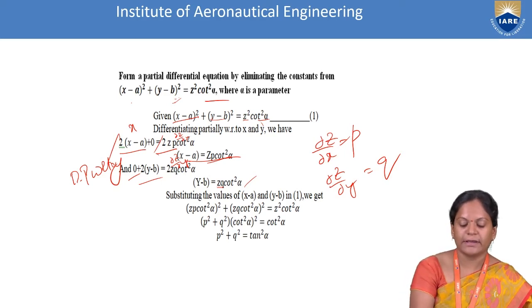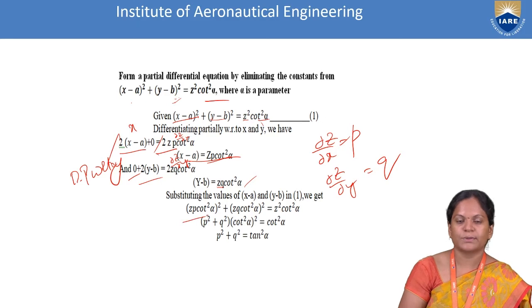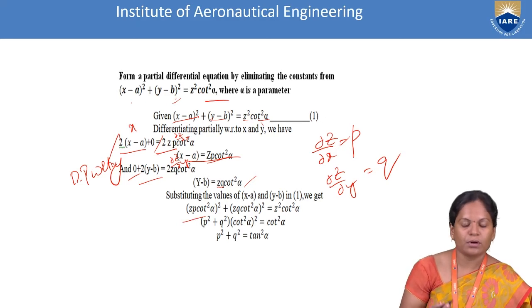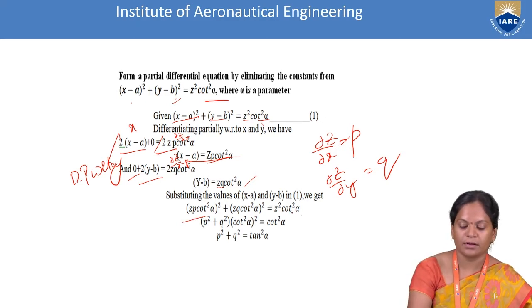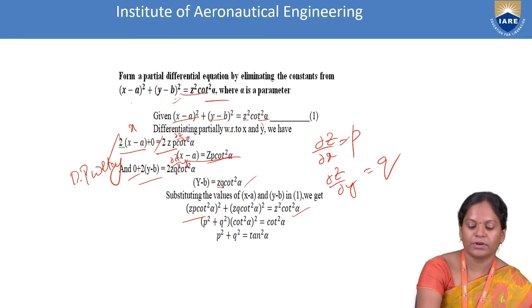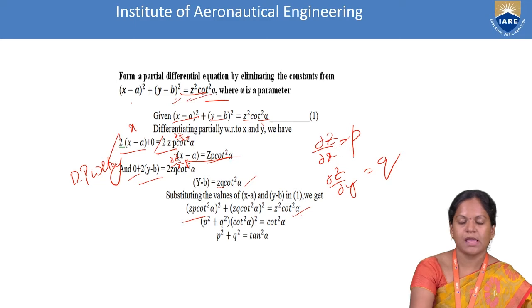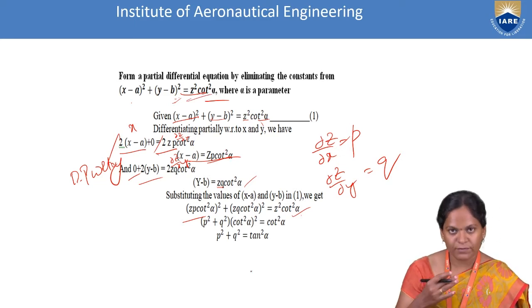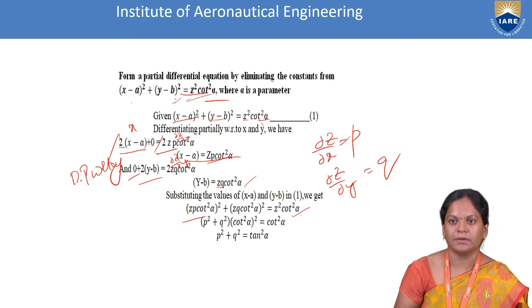So we'll get zp cot square alpha whole square plus zq cot square alpha whole square, and in the RHS we have z square cot square alpha. This is the given equation with x minus a and y minus b substituted; we eliminate a and b.